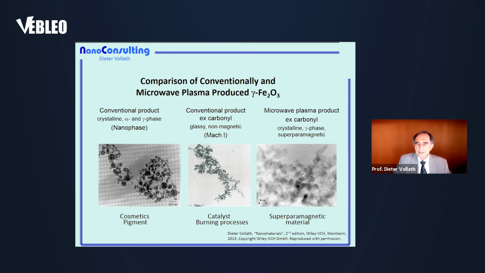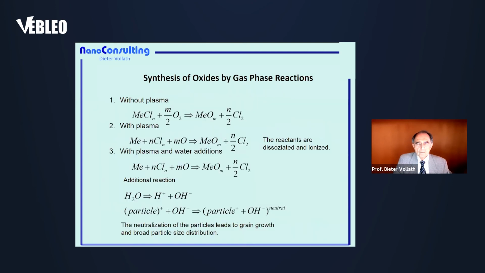Comparing, this here is the most important point. Nearly all the particles have more or less the same diameter. And this is important when we look at properties which depend on the particle diameter, like, for example, superparamagnetism.